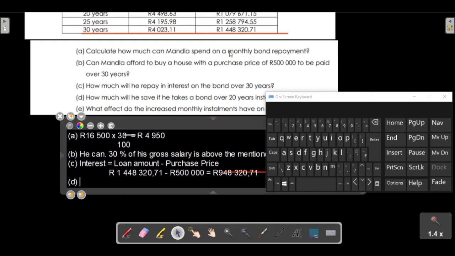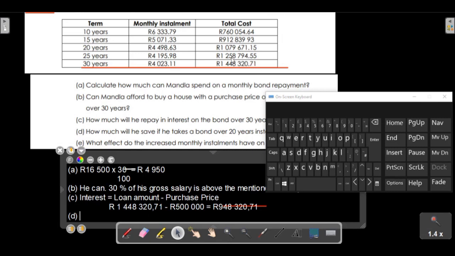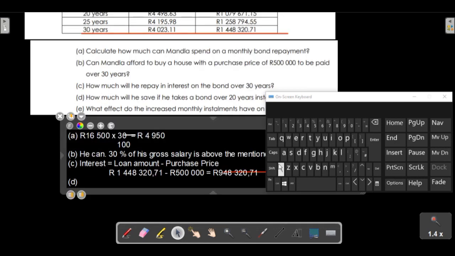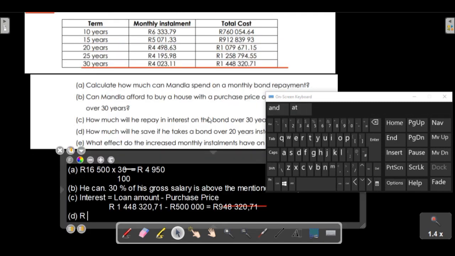In 30 years, the total cost is that, but for 20 years, the total cost is a bit lower. So we can just subtract these two and see how much he would have saved, because he actually cannot afford the 20 years according to the law.